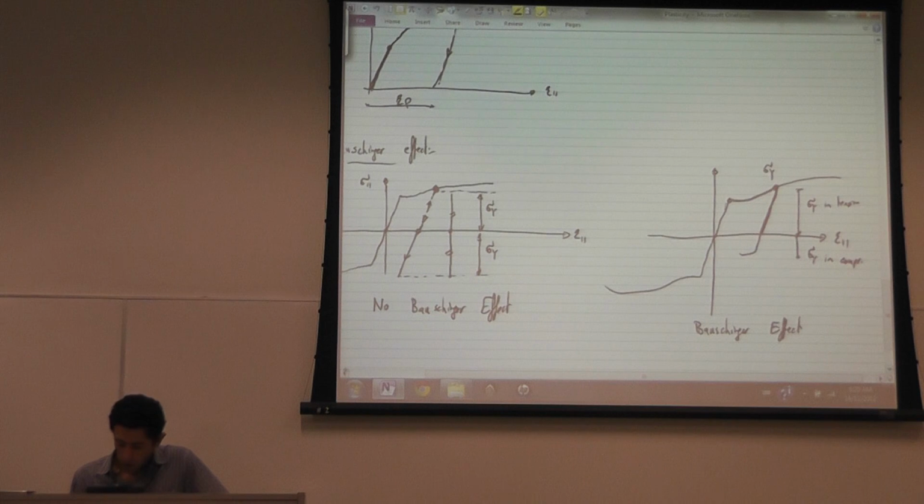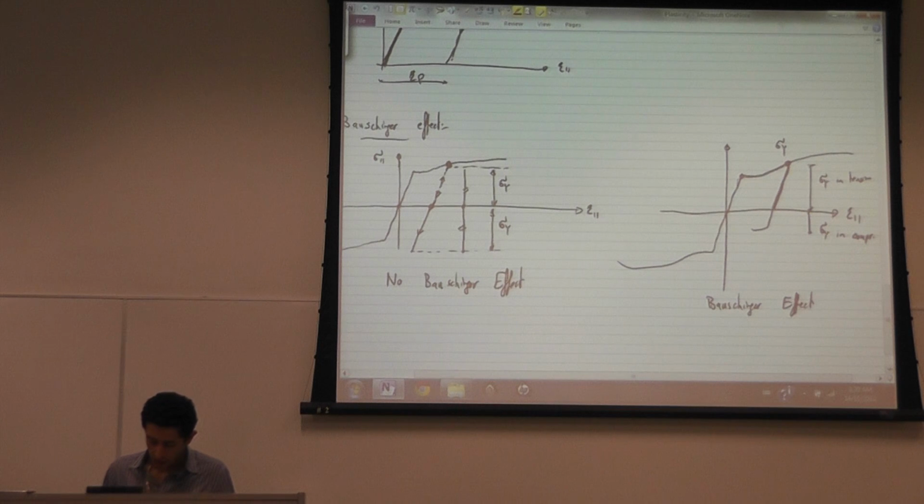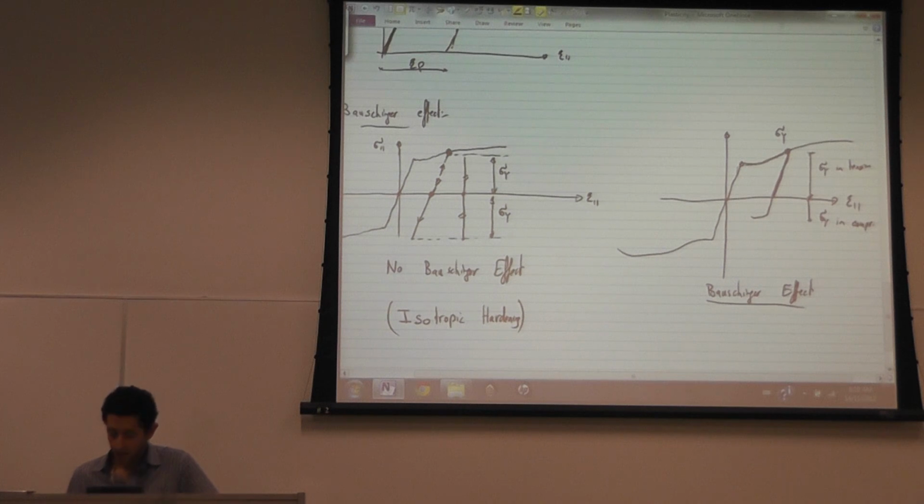And the mathematical model that models the no-Bauschinger case, which we're going to study, is called isotropic hardening. There are many models that can model the Bauschinger effect. Each one models a specific type of Bauschinger effect.